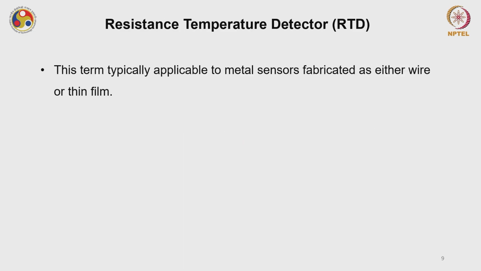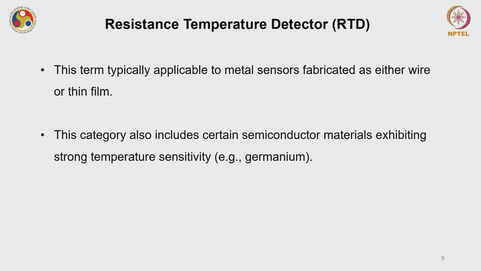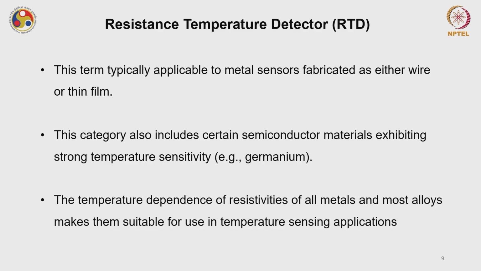The RTD that we are going to discuss is basically used for metal sensors fabricated as wires as well as thin films. RTDs include certain semiconducting materials also, like germanium. Of course, the semiconductor has to show strong temperature sensitivity; only then can we categorize it under RTDs.